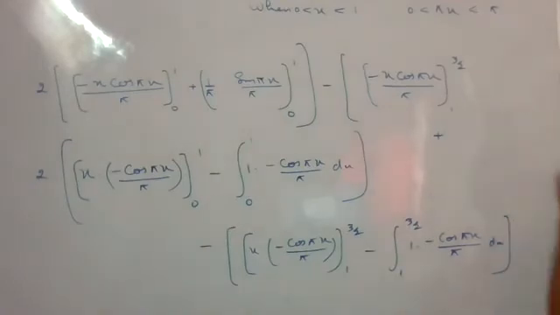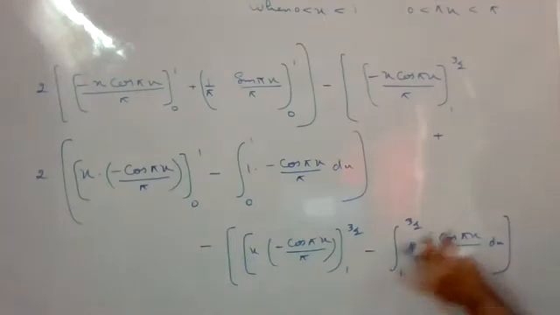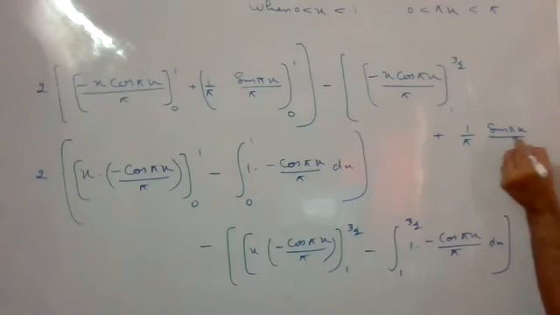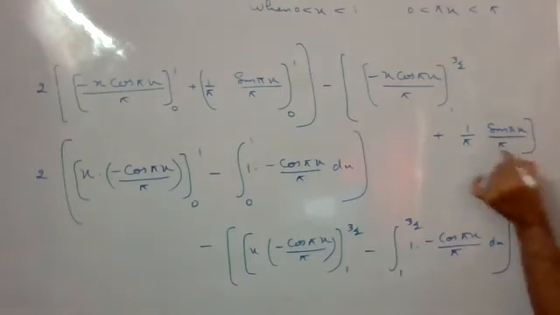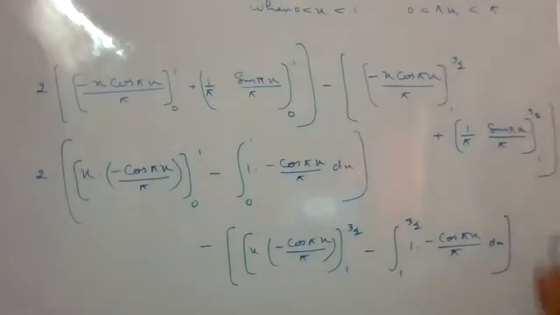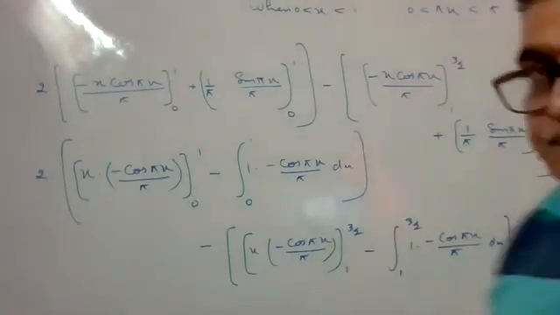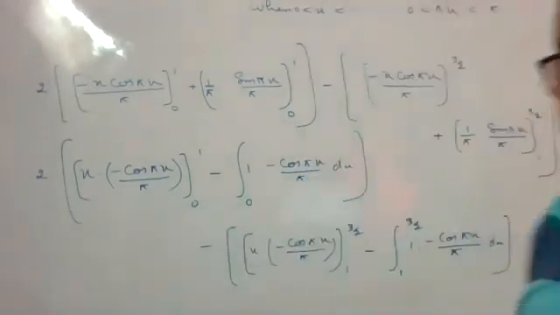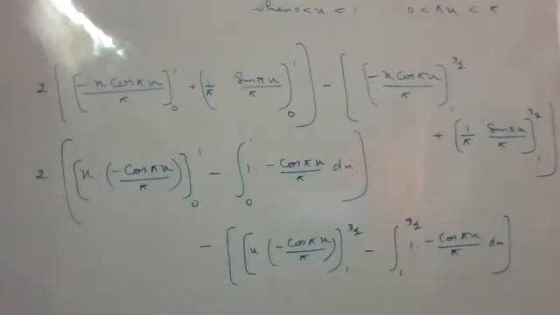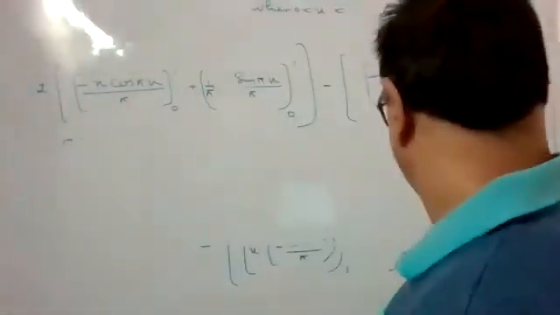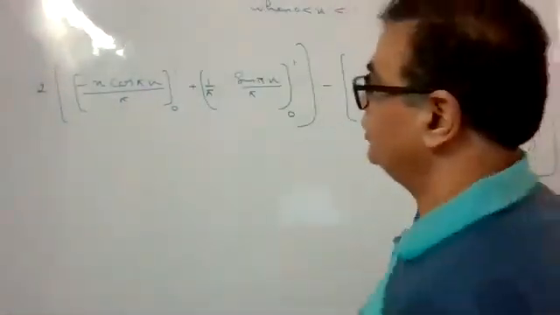What is the integration of this? 1 by pi again goes out, and integration of sine of pi x by pi, and the limit will go from 1 to 3 by 2. Now we'll take further integration, only the limit to be placed. Just check what limit will be there. 2 is here.